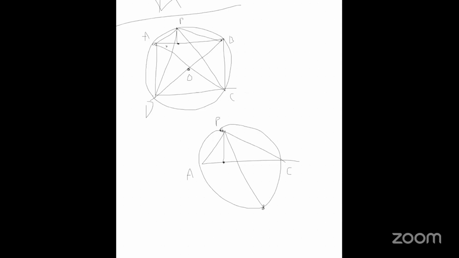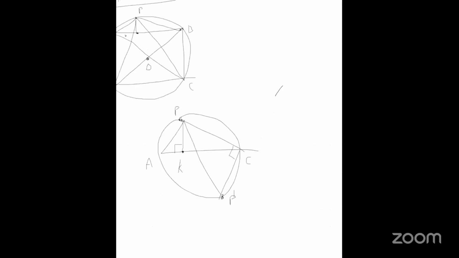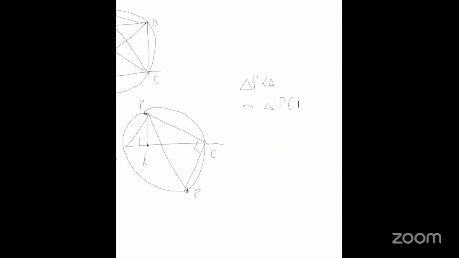So if I draw a diameter, PP prime is a diameter, let's say, then this is 90 degrees, and let's say this was K. So now triangle PKA over here is similar to triangle PCP prime, which implies PA times PC is equal to PK times PP prime.